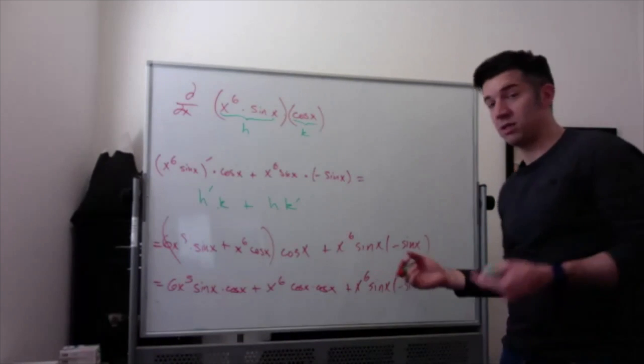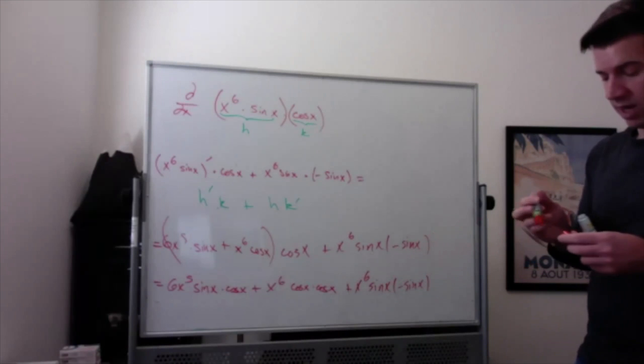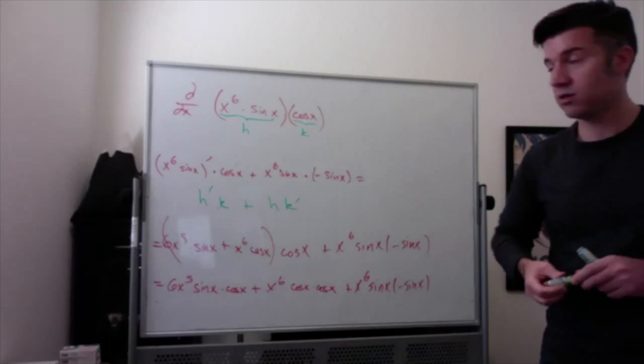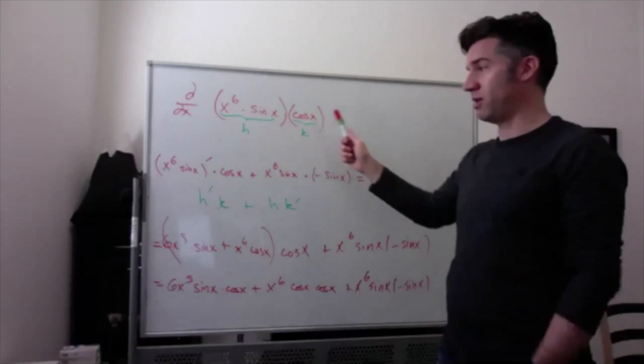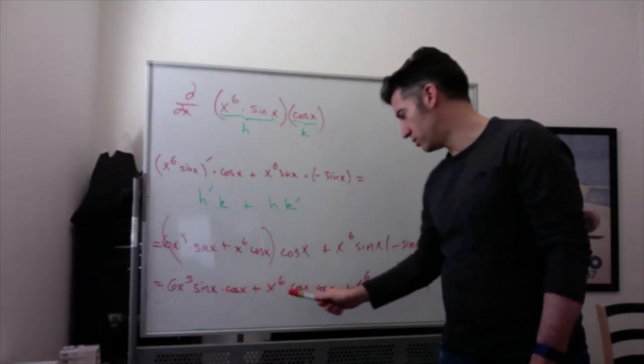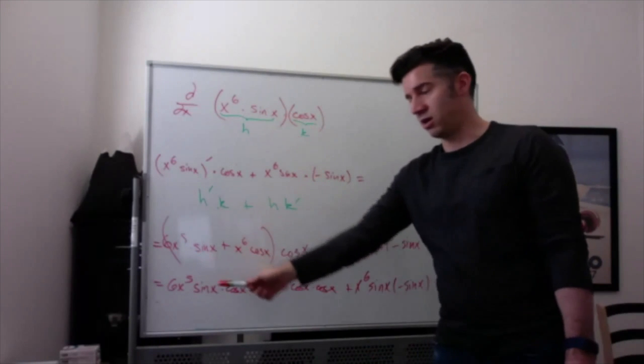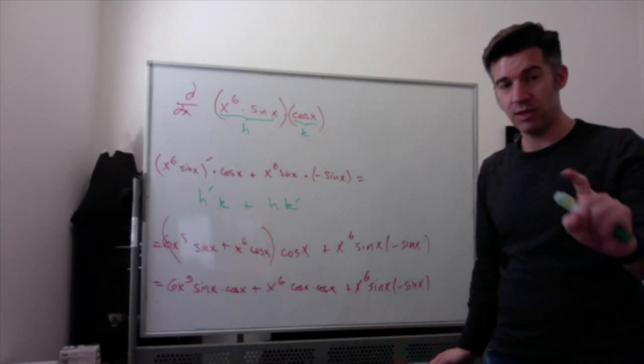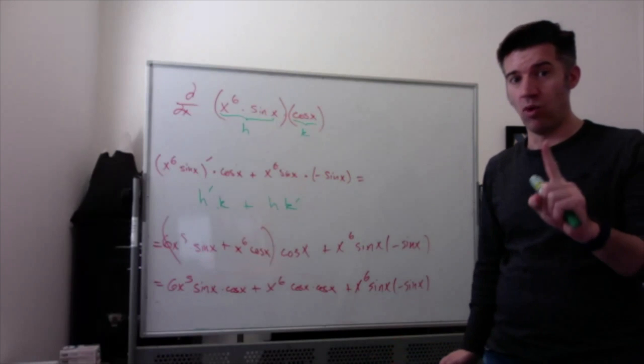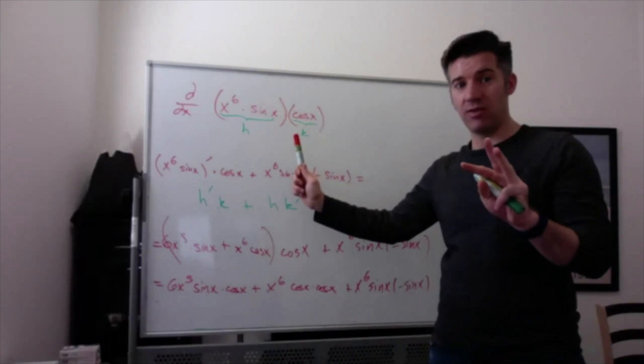Here's the thing I want you to see. When you have the derivative of a triple product, something times something times something, you get 1, 2, 3 pieces. So derivative of 3 factors, you get 3 pieces, and each piece has exactly 1 derivative and the other 2 not derivatives.